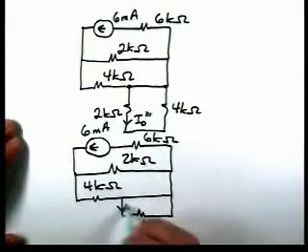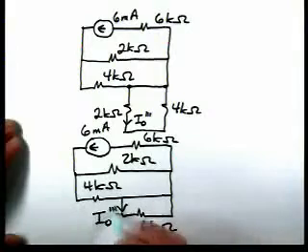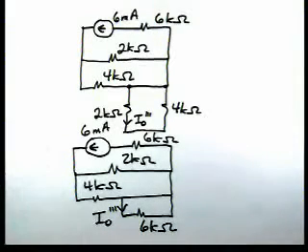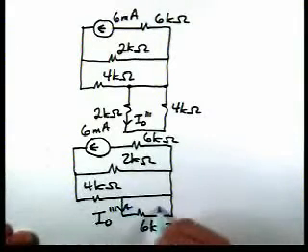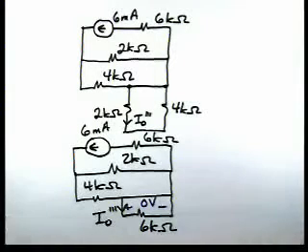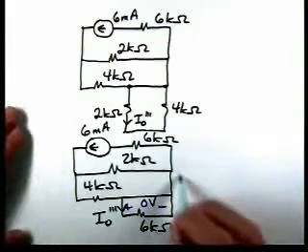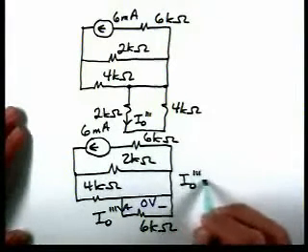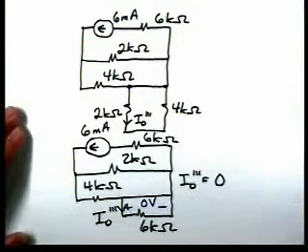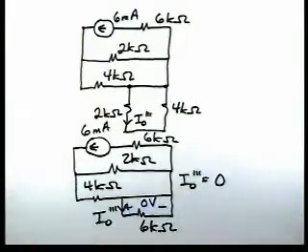And here is I0 triple prime. Now if we notice, the voltage across that resistor is 0. Since the voltage across that is 0, that tells us that I0 triple prime is 0. So this 6 milliamp source makes no contribution.